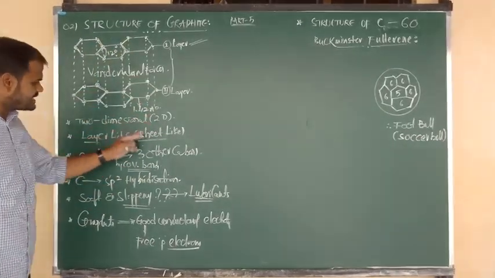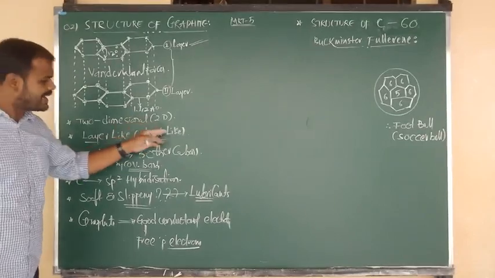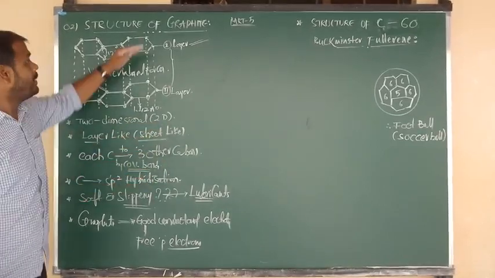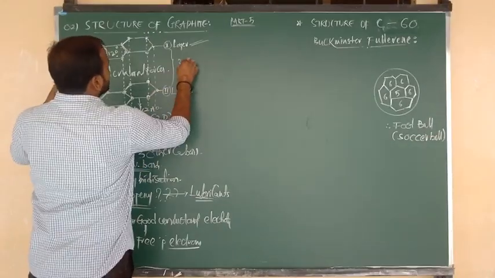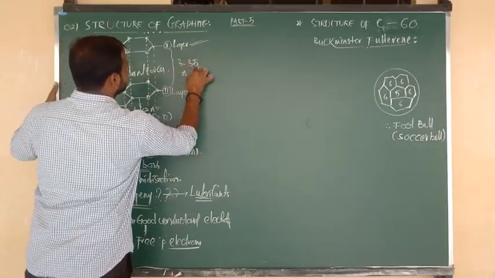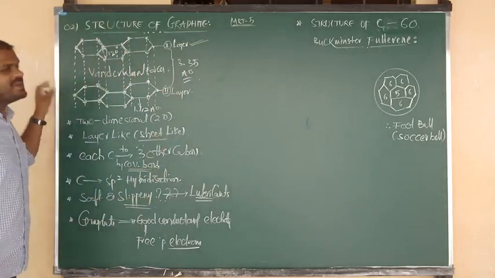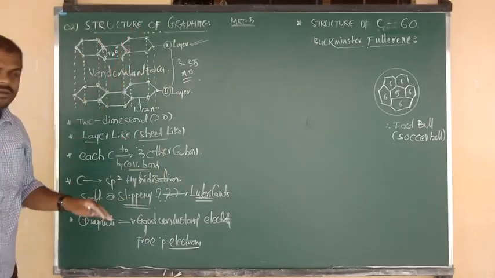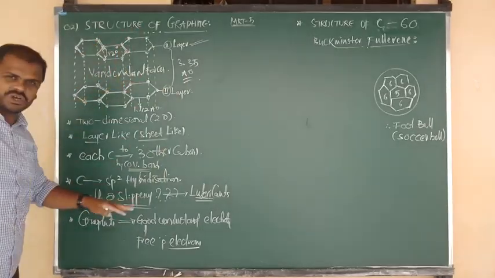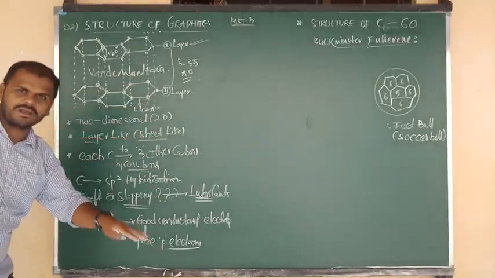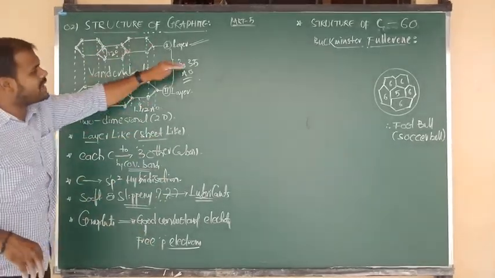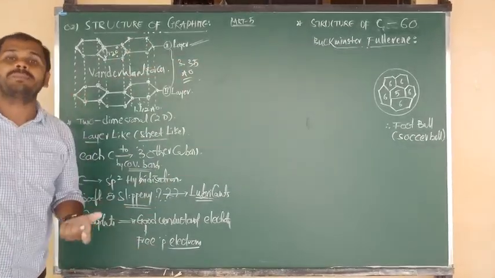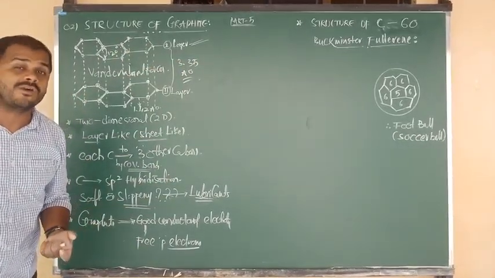And it contains which type of structure? Two-dimensional layer-like structure, two-dimensional sheet-like structure, but between any two layers, the gap is 3.35 angstroms. So graphite contains a layer-like structure, layer 1, layer 2. I have given only 2 layers. But between any two adjacent or successive layers, the gap is 3.35 angstroms.